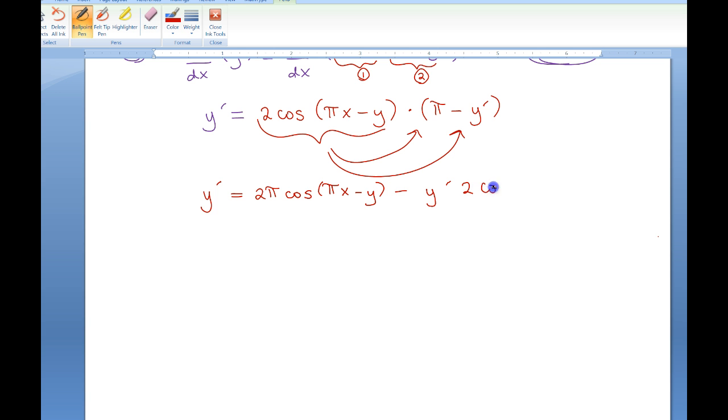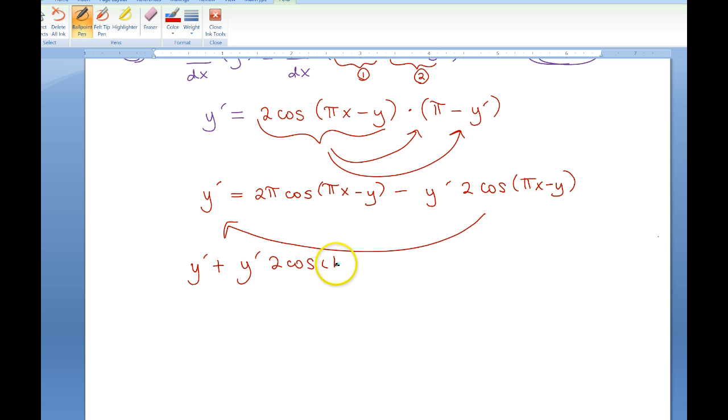y prime times 2 cosine pi x minus y. Honestly, you can put the y prime after. So now I'm going to add this to this side. So it's going to be y prime plus y prime times 2 cosine pi x minus y is equal to 2 pi.